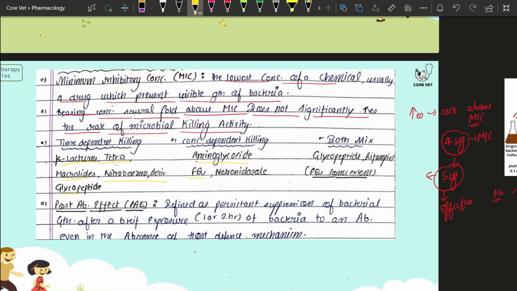Concentration dependent killing is shown by aminoglycosides, fluoroquinolones, and metronidazole. Those showing a mixture of both are glycopeptides and rifampin, and to some extent fluoroquinolones also show both types of activity: time dependent, meaning increasing the exposure to a drug, or concentration dependent, meaning increasing the concentration of the drug. So this was all about time dependent and concentration dependent killing.